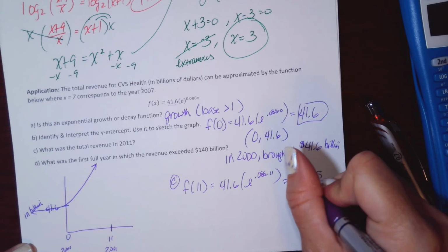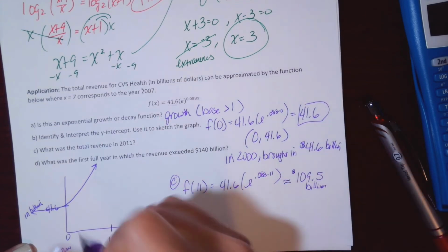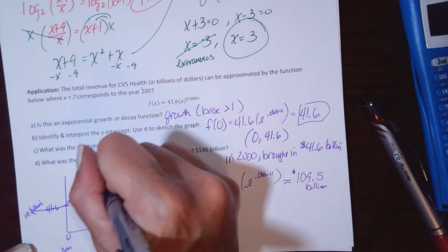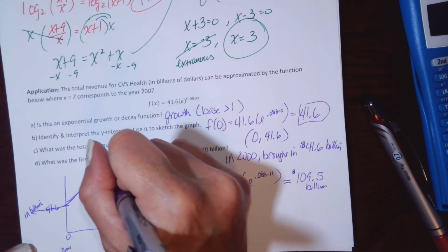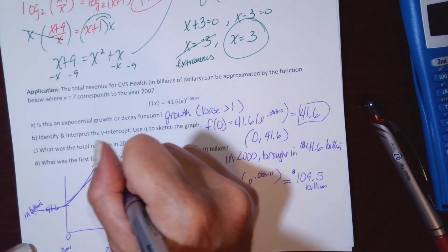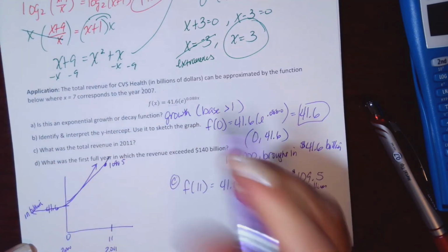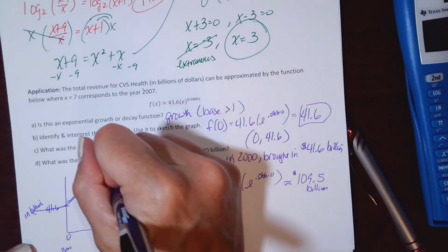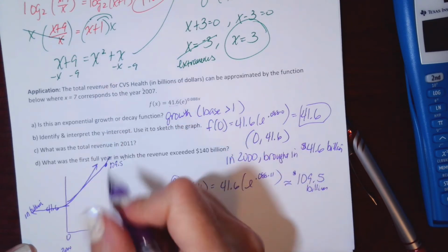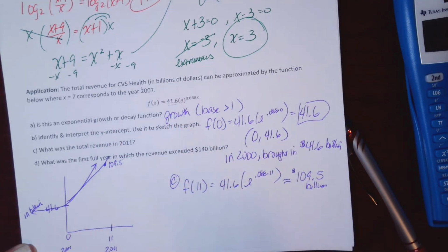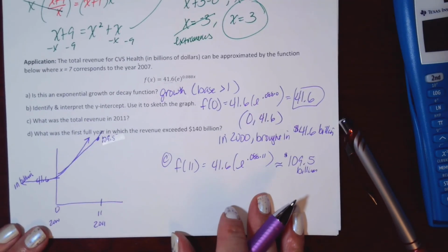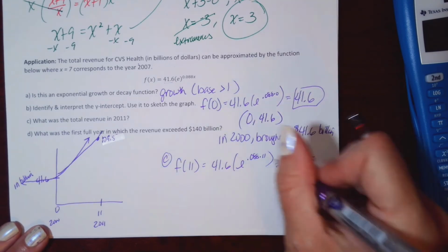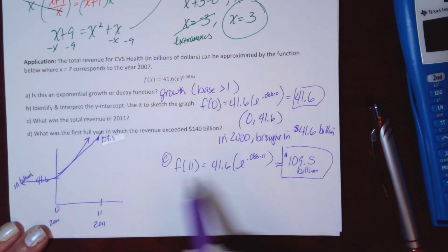And again, that's billion. So when that comes out here, that's going to hit at 109.5 billion, where x is 11. That was the revenue in 2011, that's C.